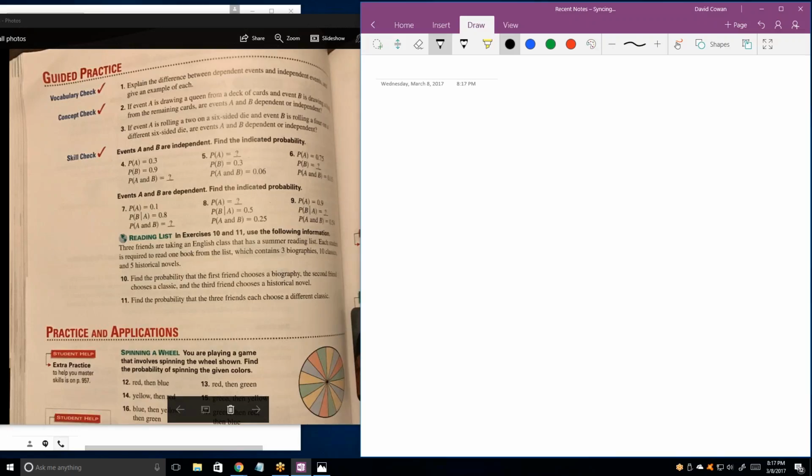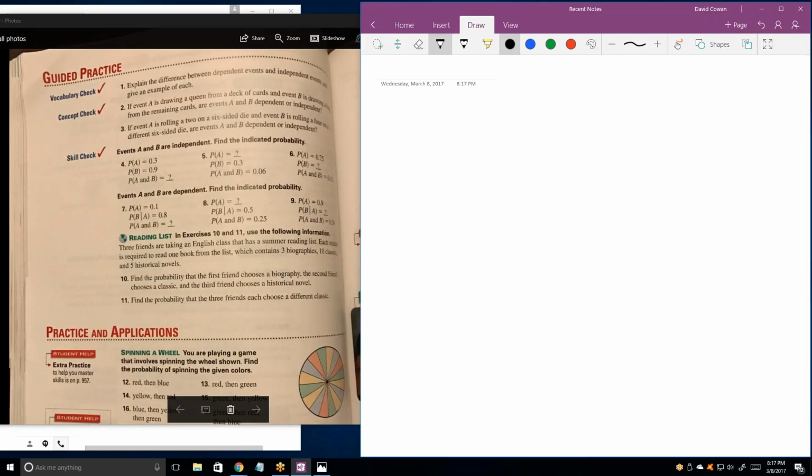Find the probability that the first friend chooses a biography, the second friend chooses a classic, and the third friend chooses a historical novel. What is the probability that the first friend chooses a biography? So let's see. Biographies 10, classics, and 5.